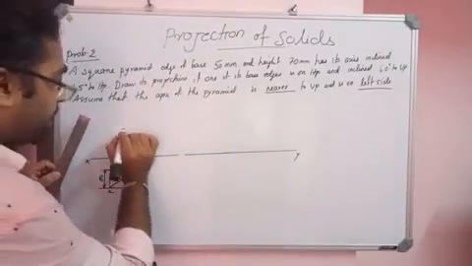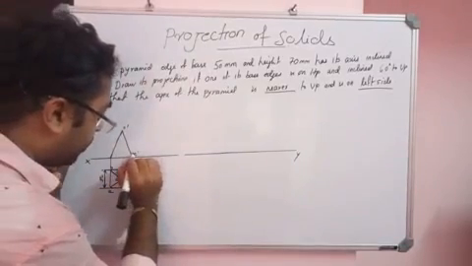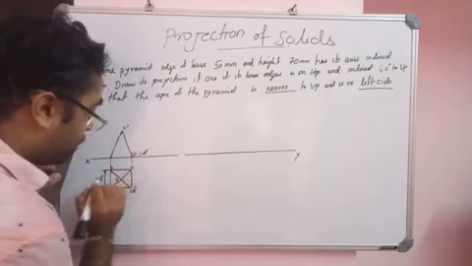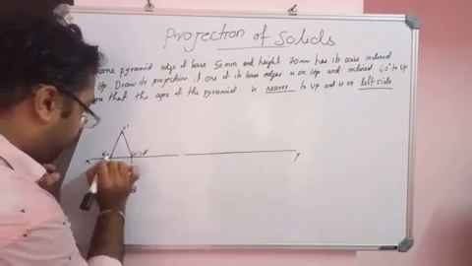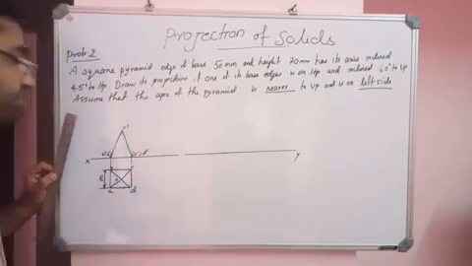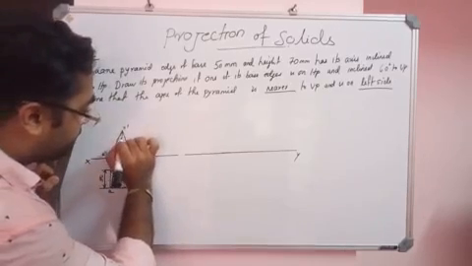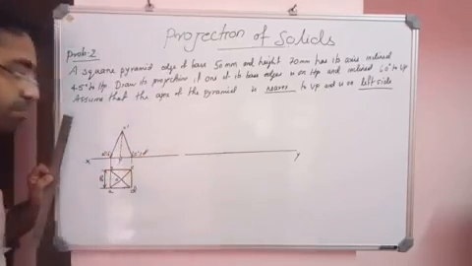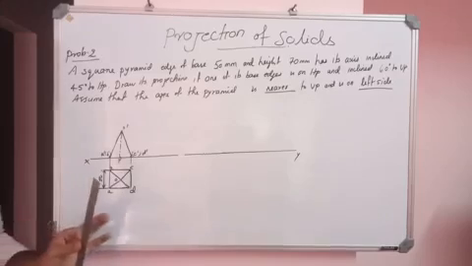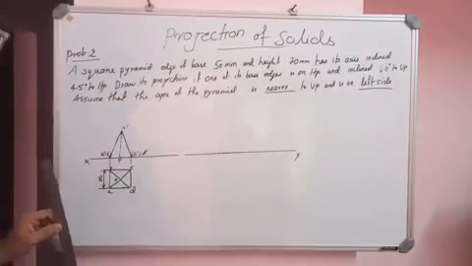Here I am going to mark this as point O dash, and this is C dash, in brackets, and D dash, and this point is A dash and B dash, in brackets. Here this is a center point, a central line, the axis line, and this axis line is P dash.